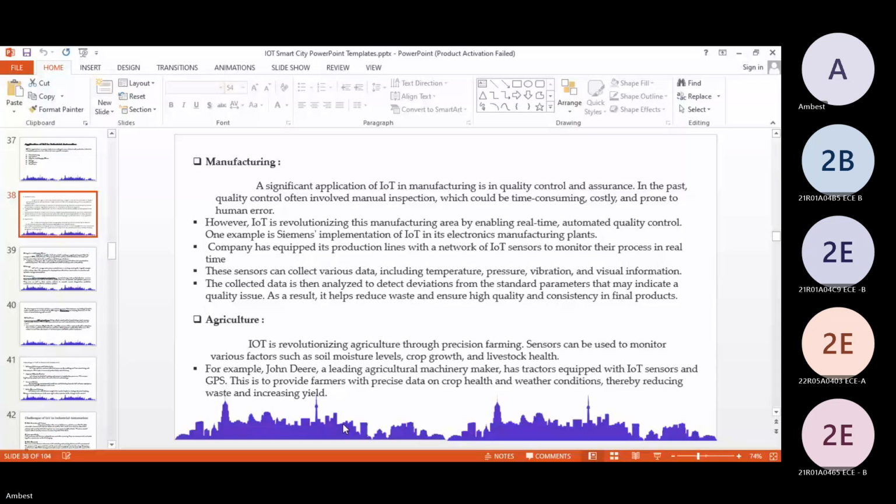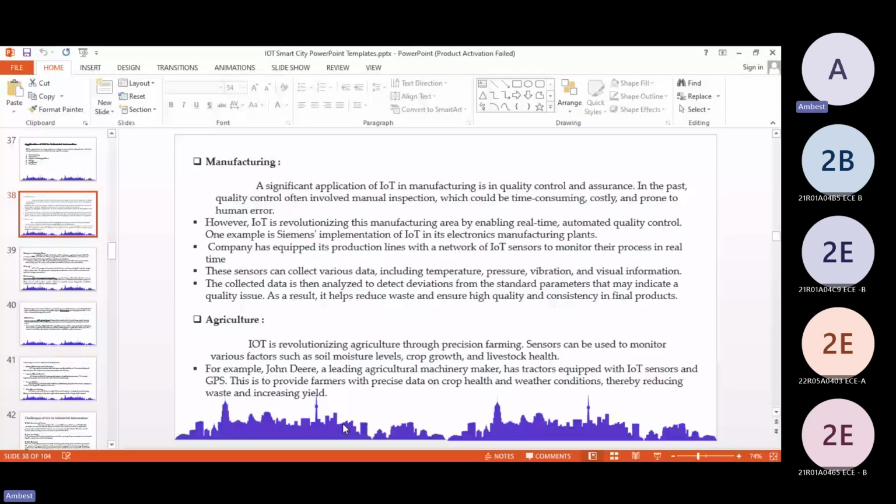The main application of this is monitoring and quality control checkups.